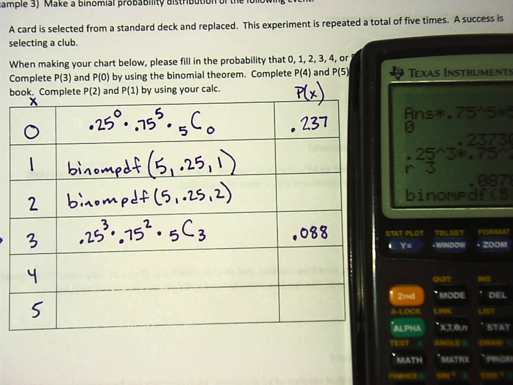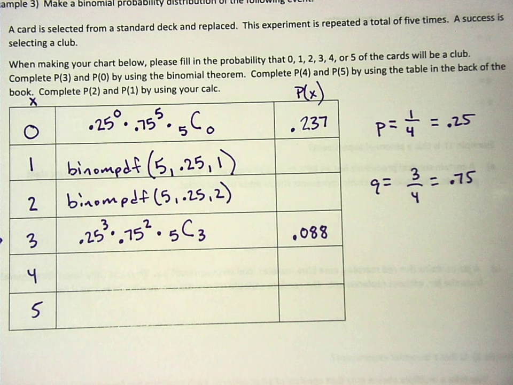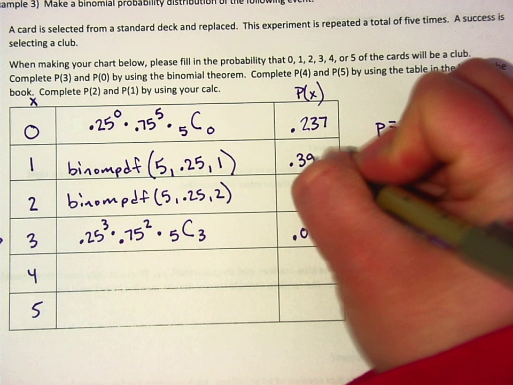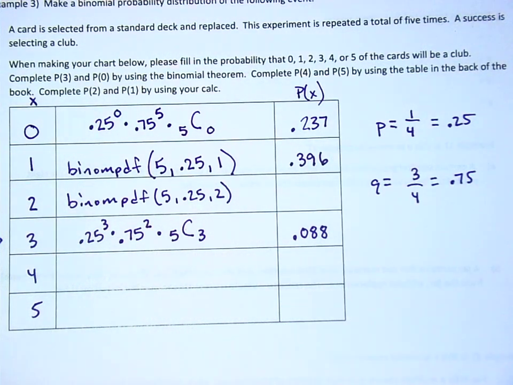All right, so I'm going to put in 5, 0.25, 1. And I got 0.396. Did you guys get the same thing?